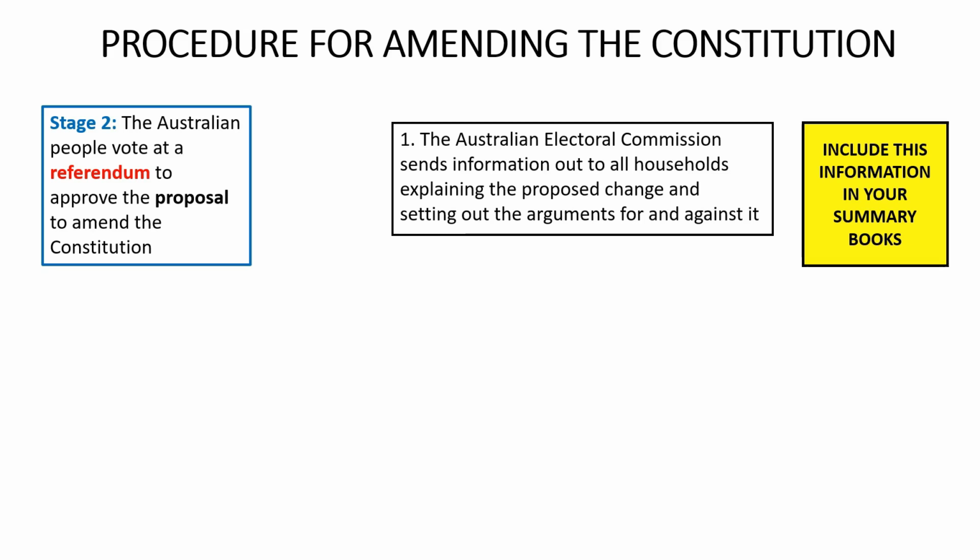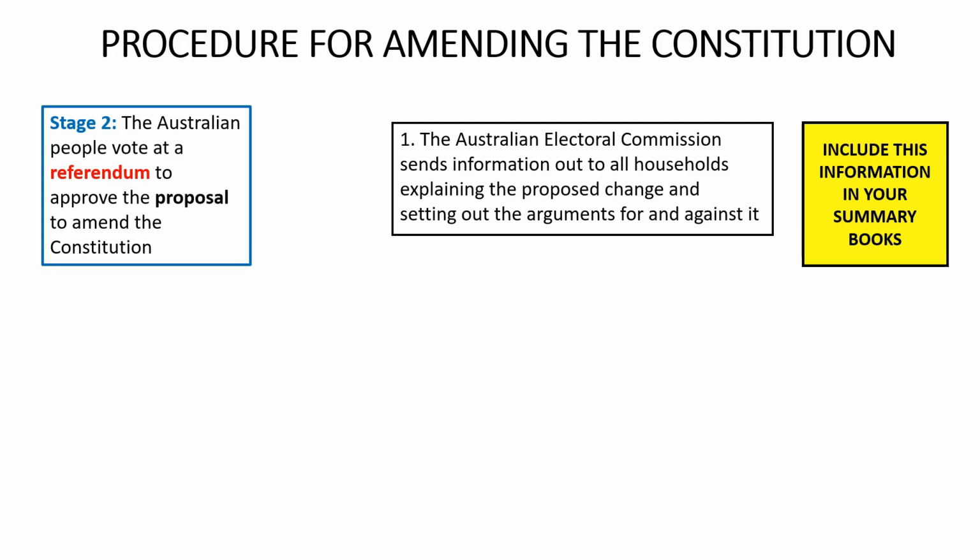The purpose of the booklet is to clearly explain the nature of the change that is being proposed to the Constitution. The booklet then sets out the reasons for the change and the reasons against the change. In doing this, the booklet must be impartial.